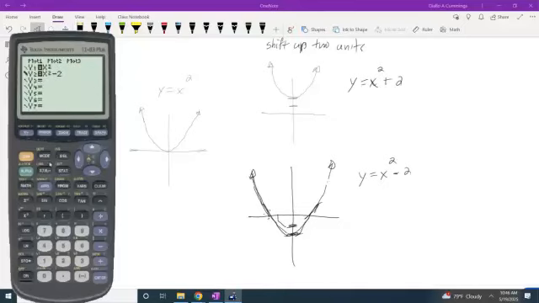okay, for y sub 1, I'm going to put in absolute value of x. For y sub 2, I'm going to put in the absolute value of x.